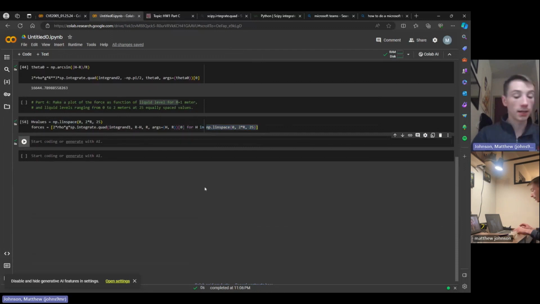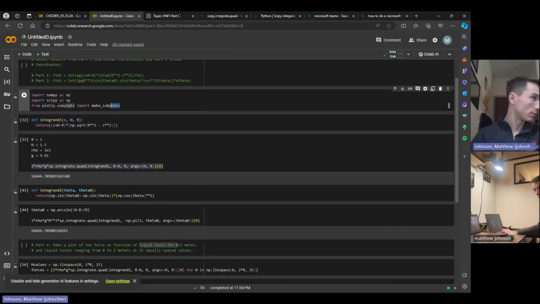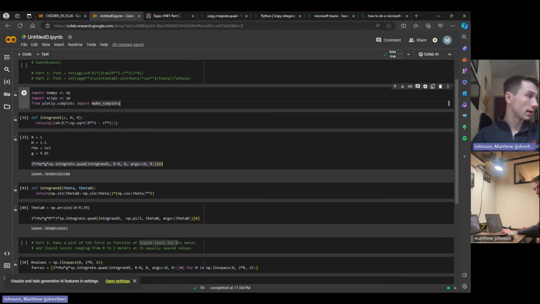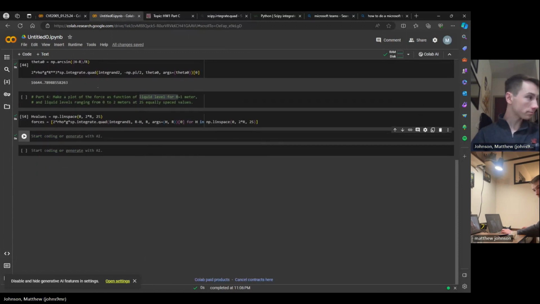All right, now we can go ahead and make a subplot. So I have imported make_subplots from Plotly, and that's what we're going to be using for this plot generation. Sorry I didn't film that, but I imported it off camera.